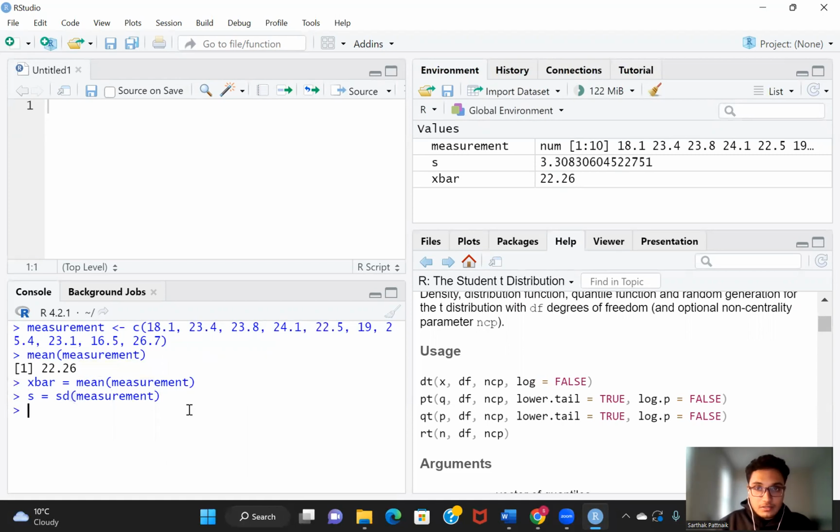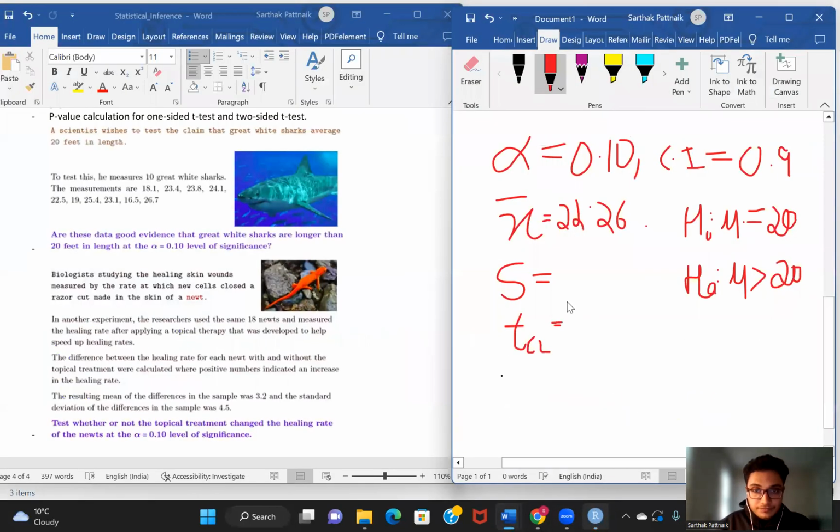The sample standard deviation is 3.3083. All right.